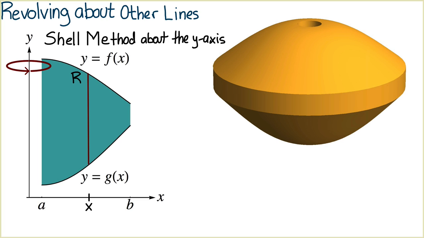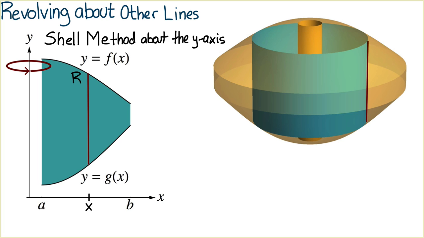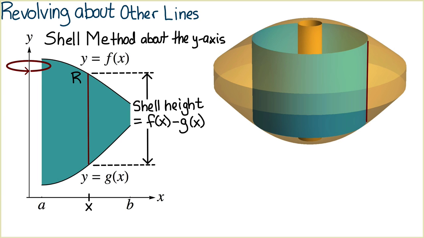For a given value of x in between a and b, if we take the corresponding line segment extending from the curve g of x to the curve f of x, and revolve this line segment about the y-axis, we obtain the surface of a cylindrical shell. The height of this shell, which is given in the three-dimensional image here and in the two-dimensional figure here, is equal to f of x minus g of x, and the radius of this shell is equal to the value of x.